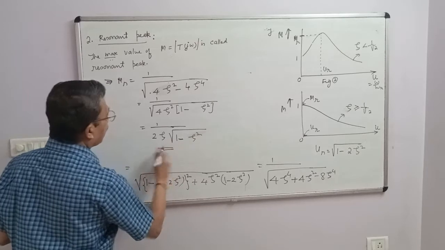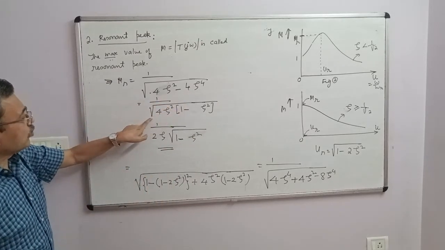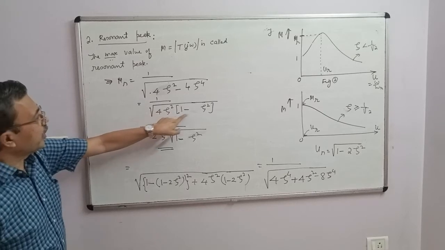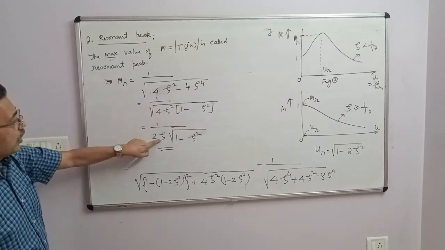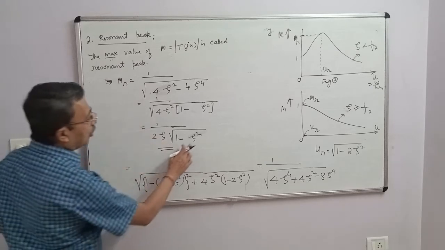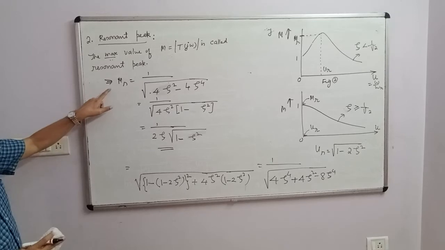This is the expression. So 4 zeta square I have taken common, so you get under square root 4 zeta square into 1 minus zeta square. 4 zeta square, if you take out of the square root sign, you get 2 zeta. So Mr is 1 over 2 zeta into square root of 1 minus zeta square. This is the expression for resonant peak.